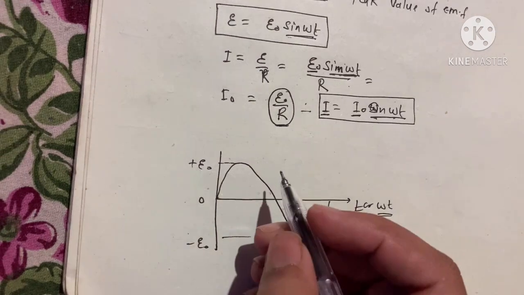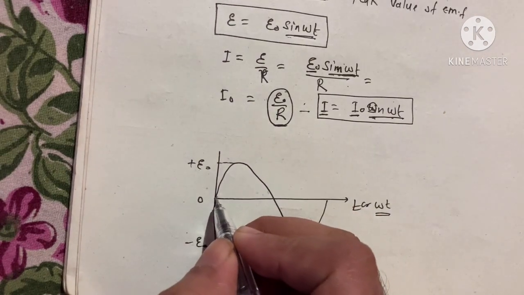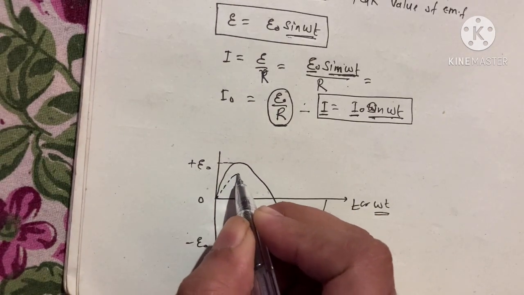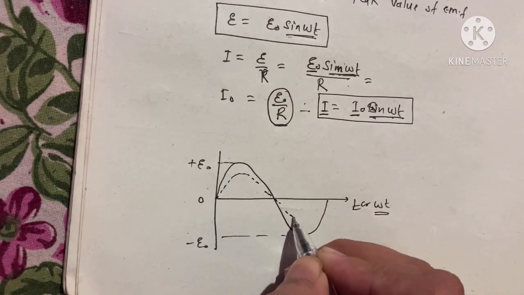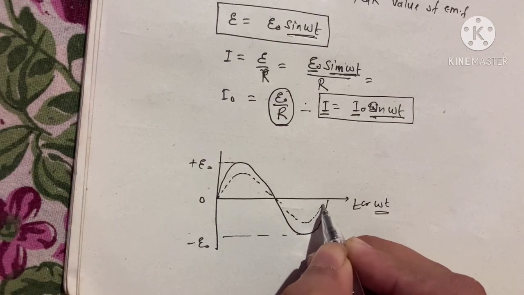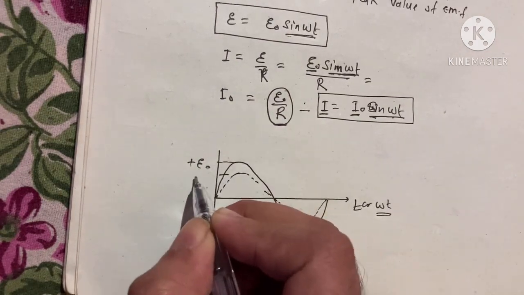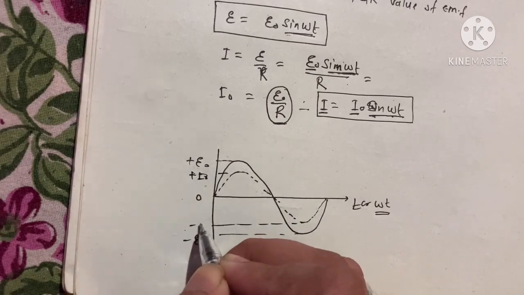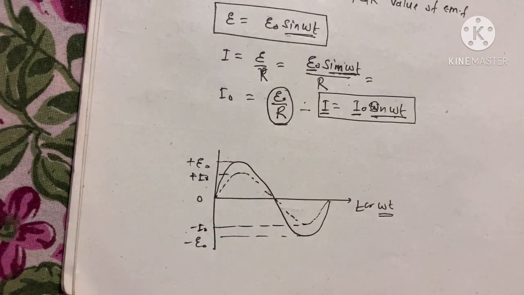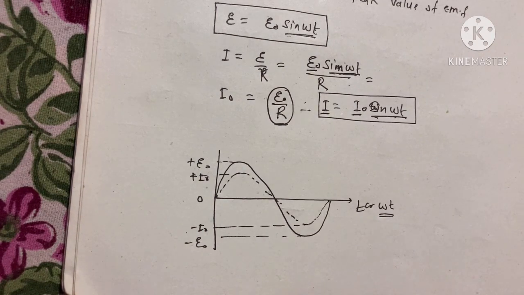But current is less compared to EMF, so you have to draw a dotted line like this. This will be your plus I naught and this will be your minus I naught, the peak value of current. This is the origin of the AC generator or AC current, that is alternating current.